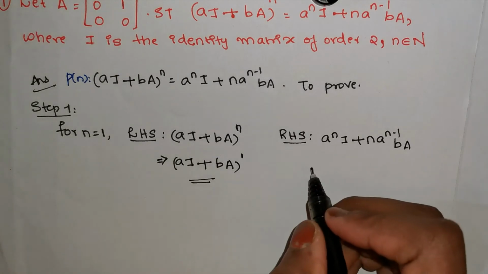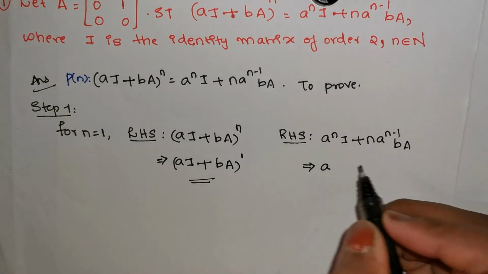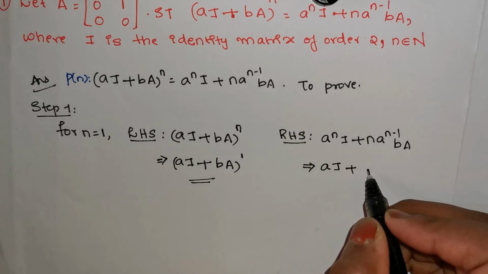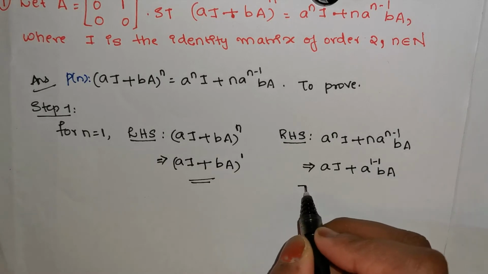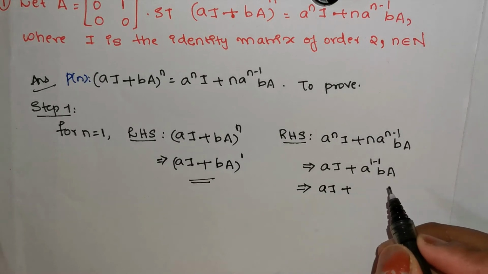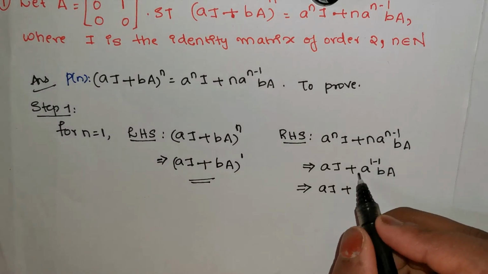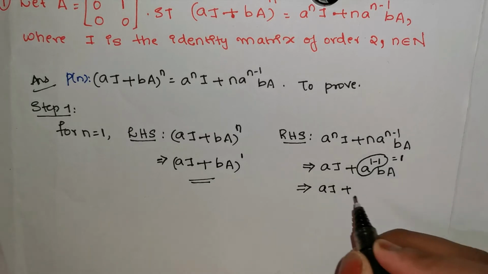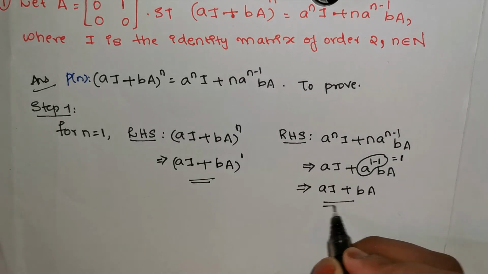Here I am going to substitute 1, so it will become a raised to 1 is a only, aI plus n is 1, so this will become 1, a raised to n minus 1 is 1 minus 1 bA. So final answer is aI plus a raised to 0, and any number raised to 0 is 1. So this full term will become 1. So what is remaining? bA is remaining.